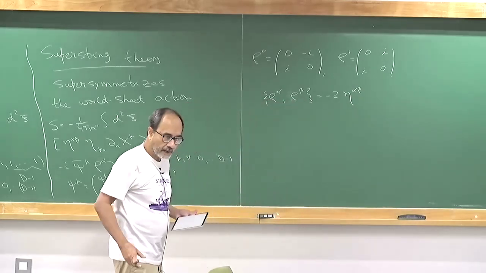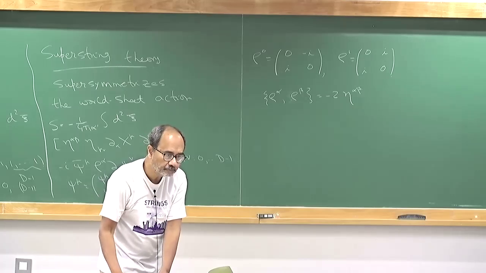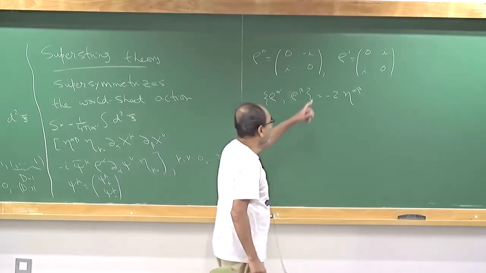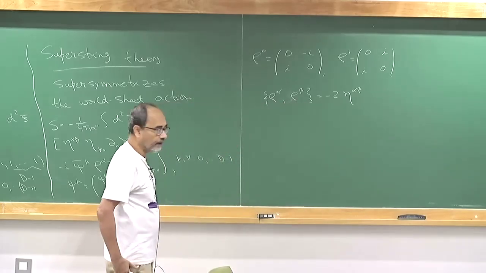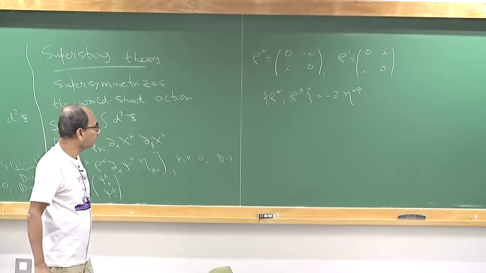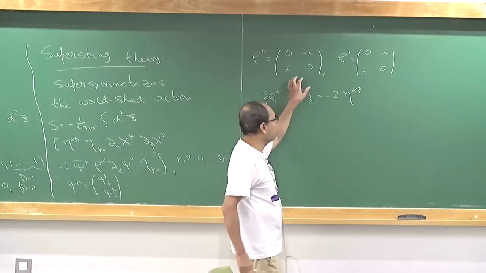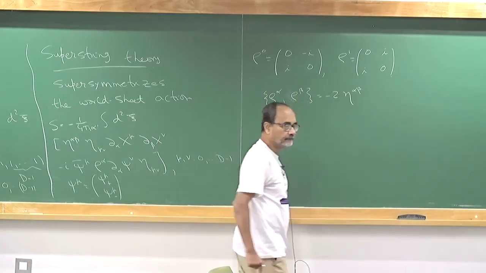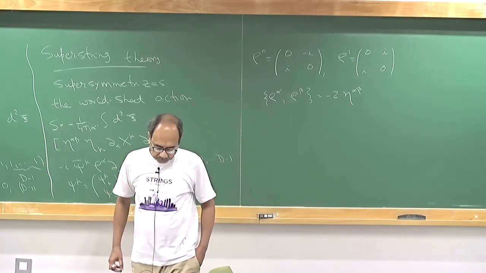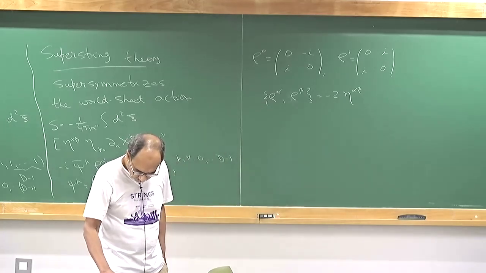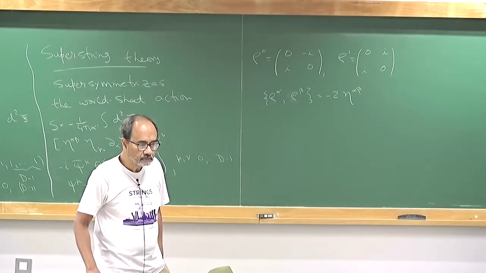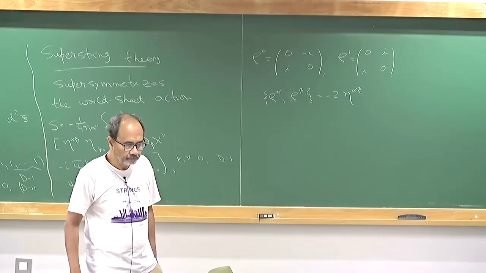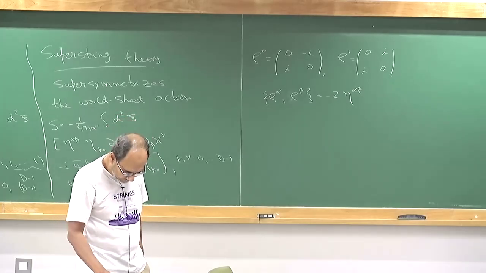Okay, so rho 0 squared is 1. Okay. Rho 1 squared is minus 1, which is consistent with this, and the rho 0 and rho 1 anti-commutator vanishes. Okay, because this is sigma 2 and this is i sigma 1. It's just a choice of 2D gamma matrices.